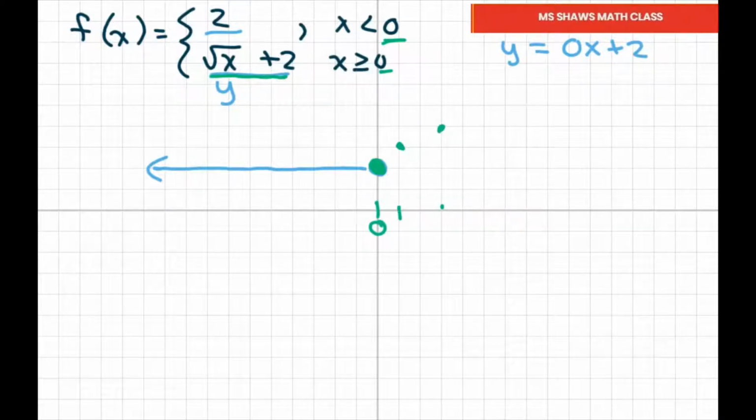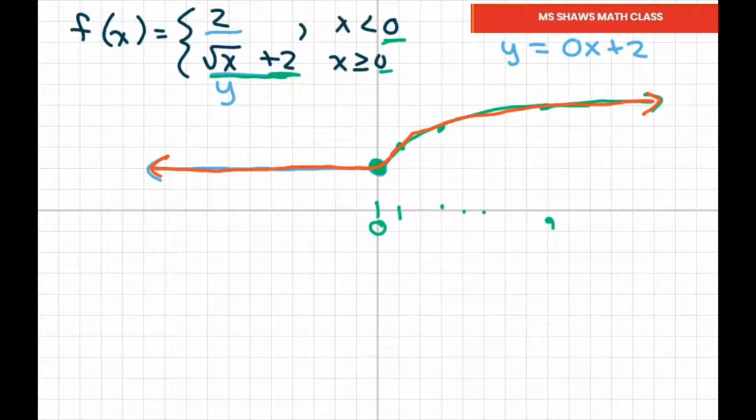And what's the next one? We take the square root of 9. If you plug in 9, that's going to map to 5. And so that's just your square root function that has been shifted up by 2 units. It's going to go up like that. So now you can see why this is continuous. If I start down here and just go left to right, I can draw this without lifting my pen. So that means it's continuous.